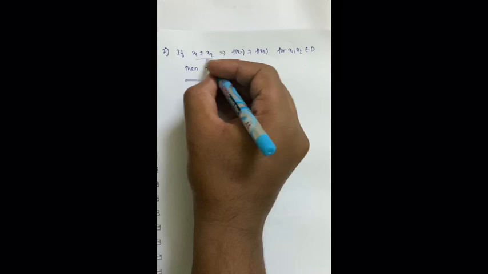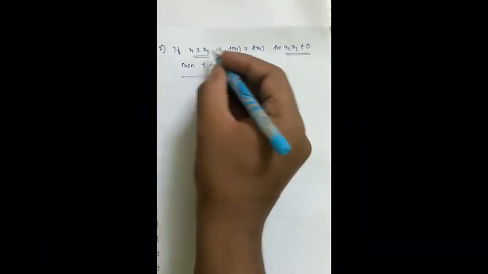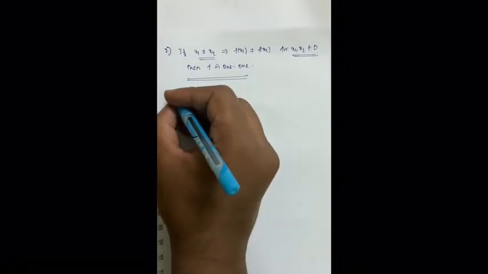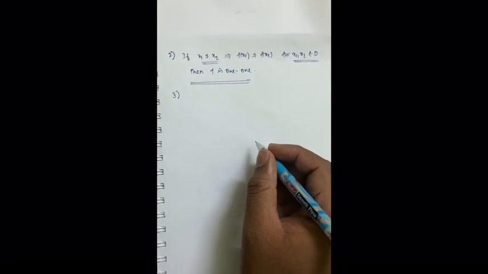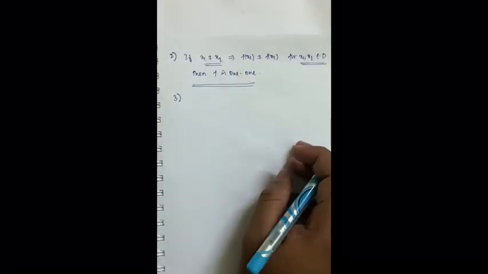What does it say? If two elements in the domain are not equal, then the images should not be equal, that's all. Coming to the third rule, basically we will use the first rule only for solving the problems. That is enough.